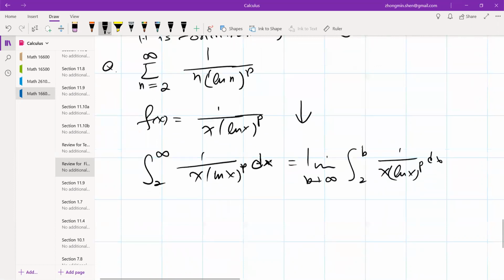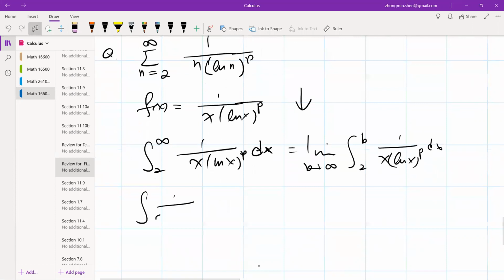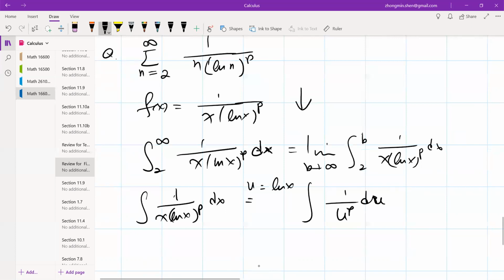So the antiderivative of that function is going to be, you let u be natural log x. So that is just going to be 1 over p du, because du equals 1 over x. And this is convergent or divergent depending on p.